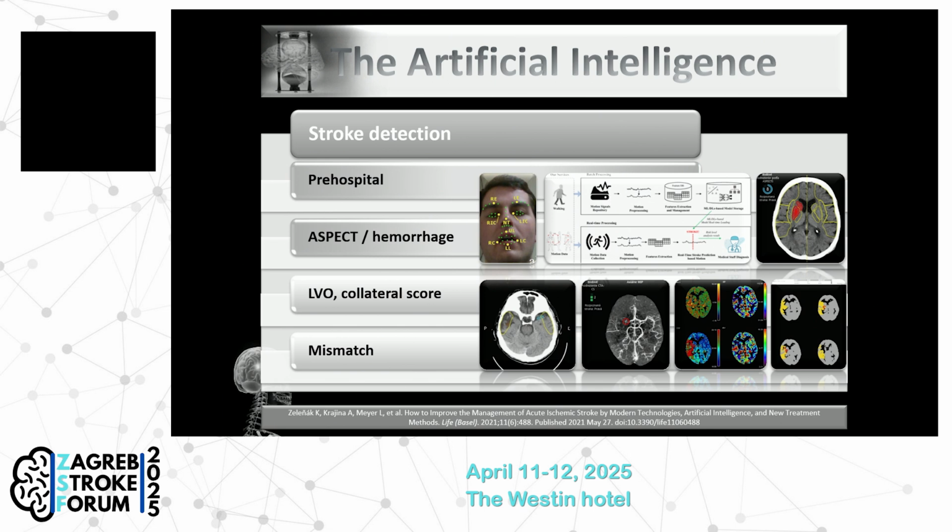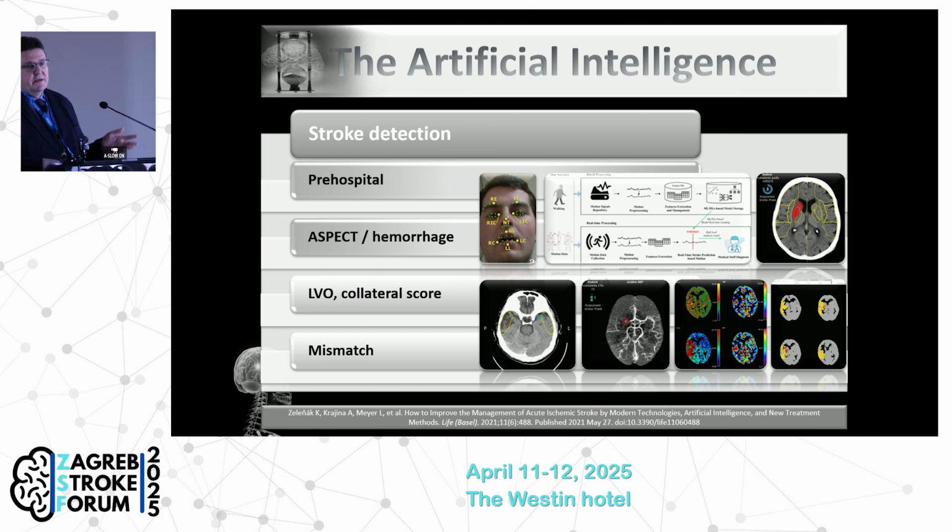We use AI, and not just in my hospital, but in a lot of local hospitals, they use AI as well. It's really good. So we can detect for sure, and we can measure the ASPECT score. We can detect hemorrhage. By the way, the sensitivity and specificity of the detection of hemorrhage is very high, nearly 100%.